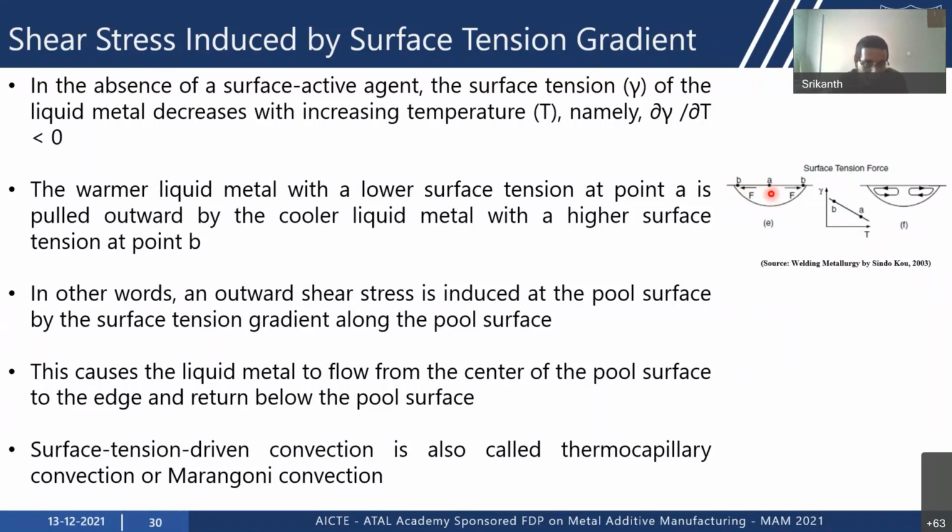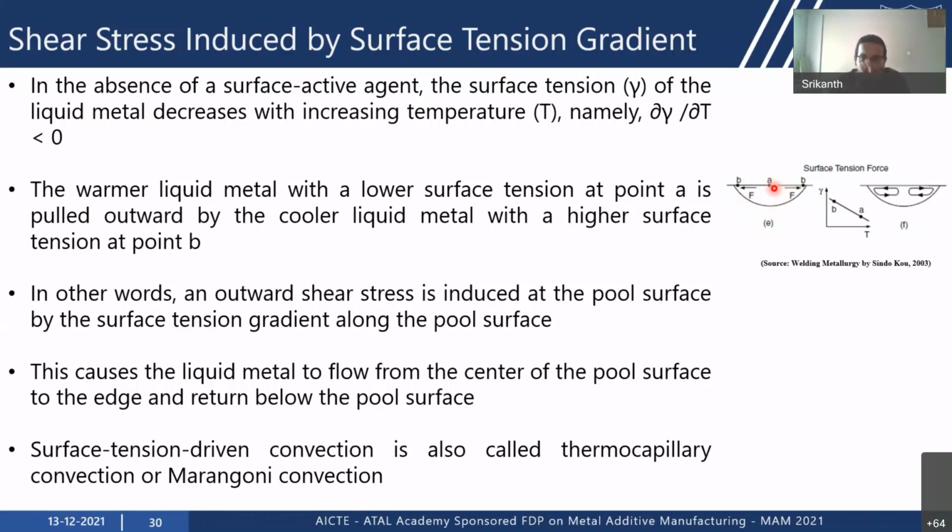So now what happens? Point A is at a higher temperature and the surface tension is lower at point A compared to that at point B. So this warmer liquid metal with low surface tension at point A is pulled in the outward direction by the cooler liquid metal with a higher coefficient of surface tension at point B. So what we can think of is an outward shear stress induced at the surface of the molten pool by the surface tension gradient along the pool surface.